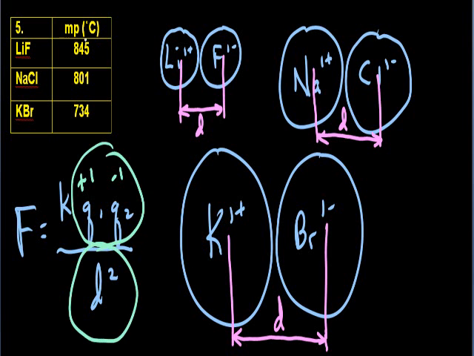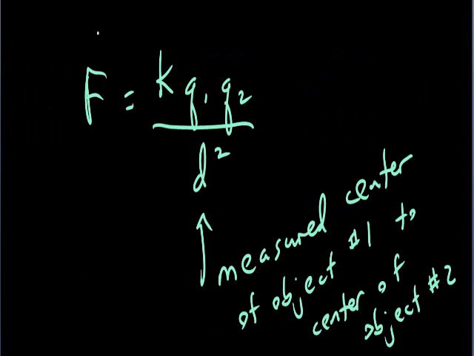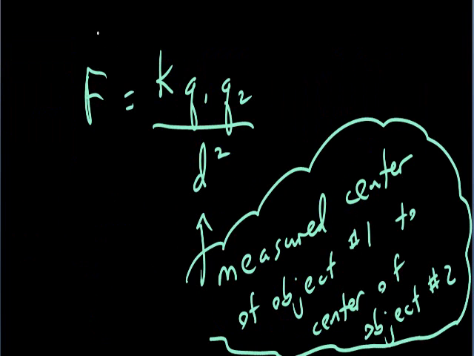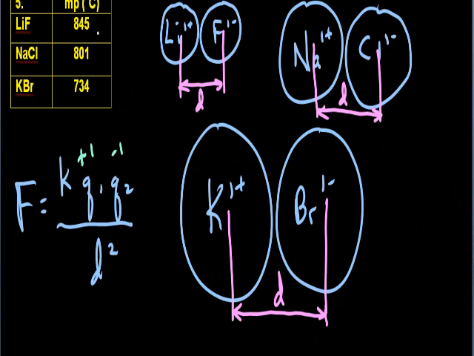One thing about Coulomb's law is the distance is measured from the center of charged object number 1 to the center of charged object number 2. So with an increase in ionic radius, the distance measured from center to center in these ions increases as we go from lithium fluoride to sodium chloride to potassium bromide.